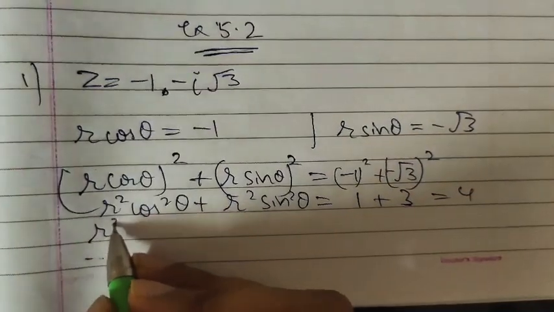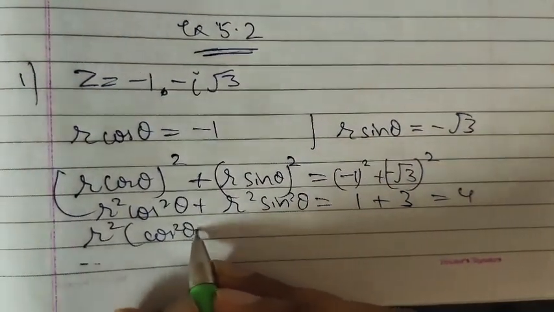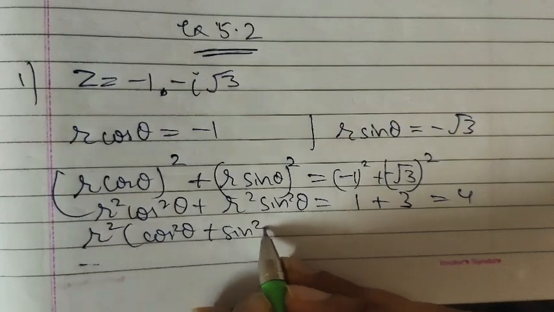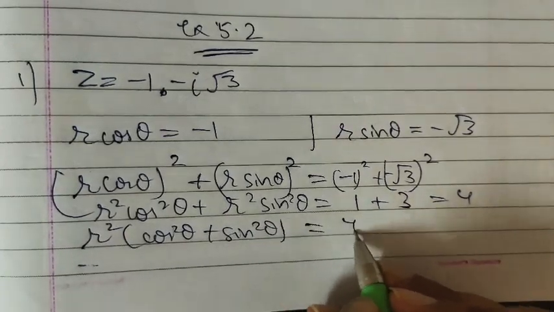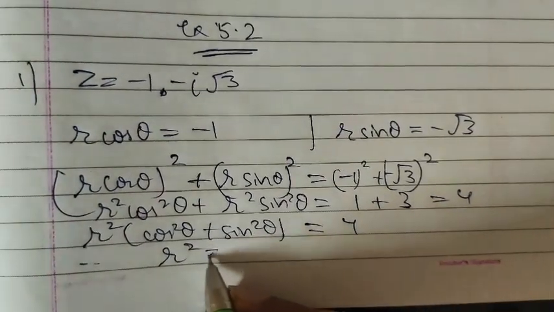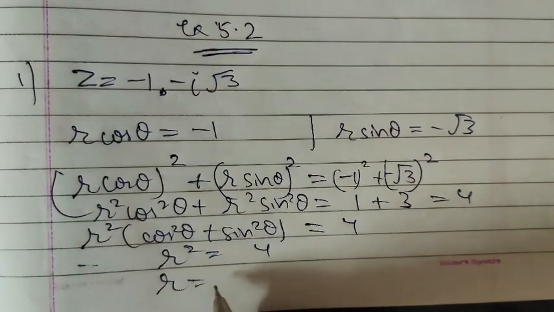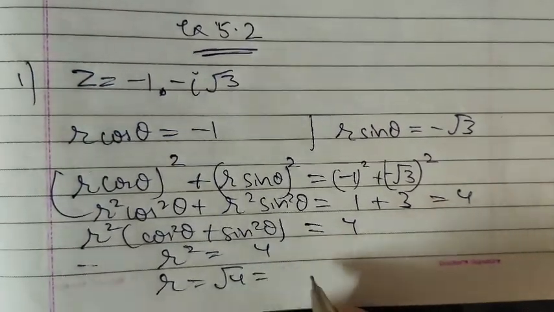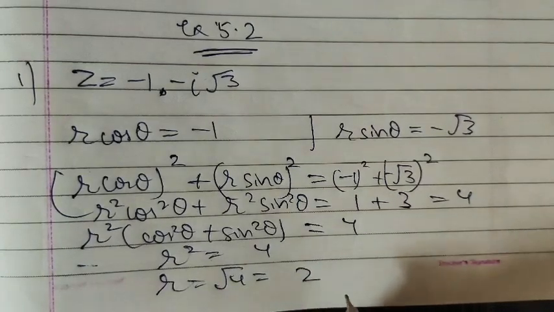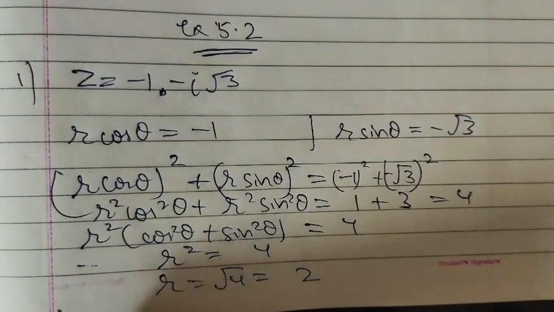Taking r square common, cos square theta plus sin square theta, and cos square theta plus sin square theta is 1. So r square is equal to 4, so r is equal to root 4, which is 2. So the r value is 2. That means modulus is r.